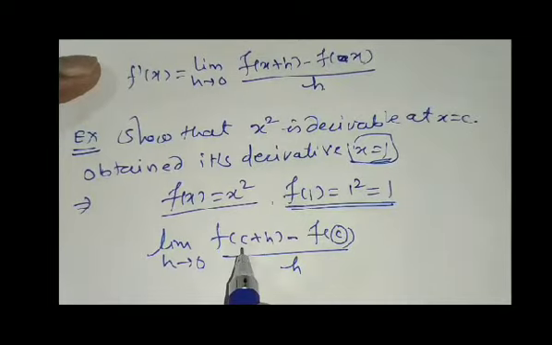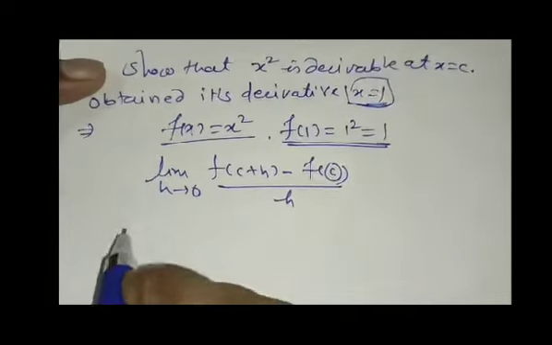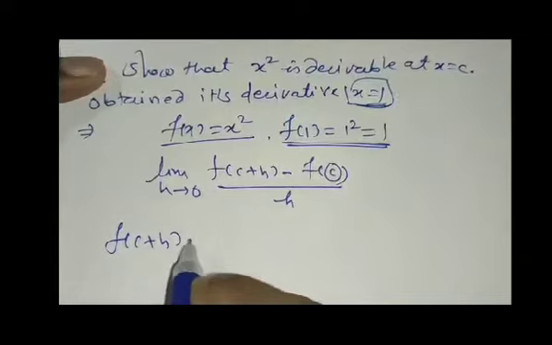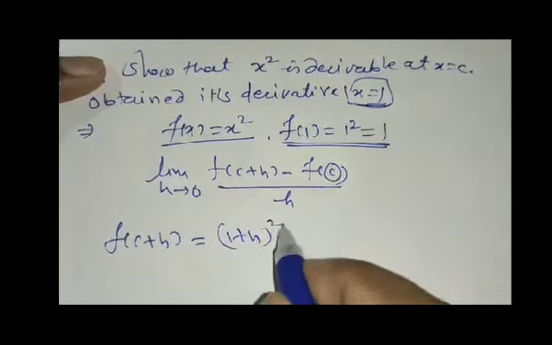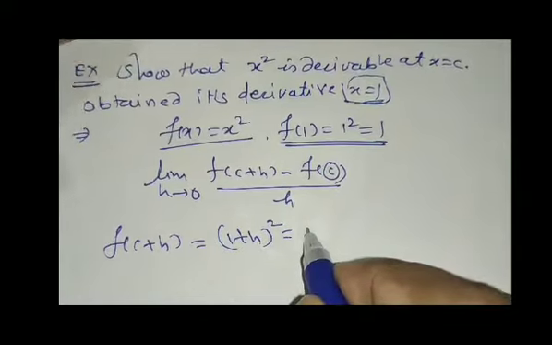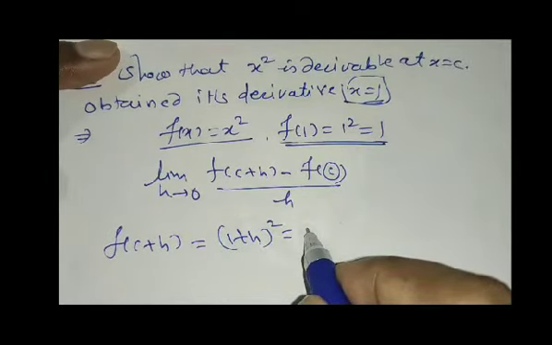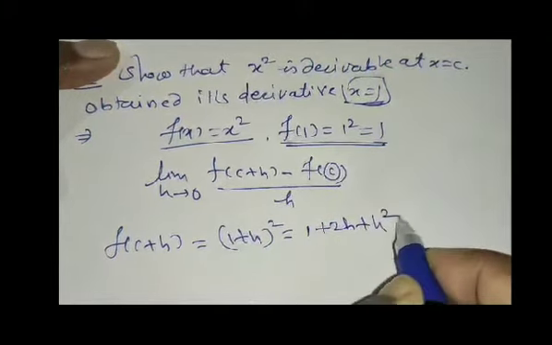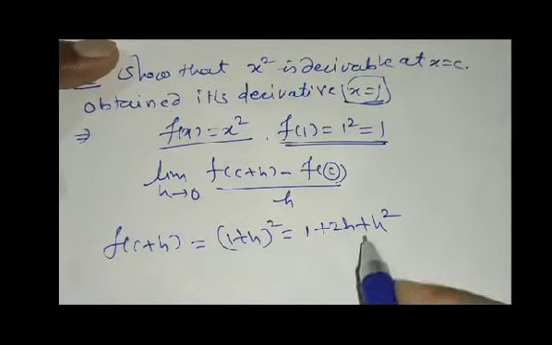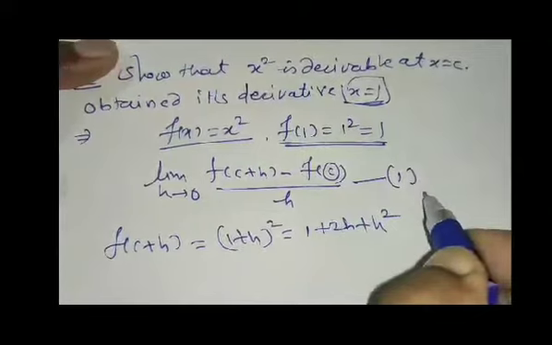Now we have to find f of c plus h. So what is f of c plus h? So f of 1 plus h is 1 plus h square, and 1 plus h square is 1 plus 2h plus h square. Now this is our formula.